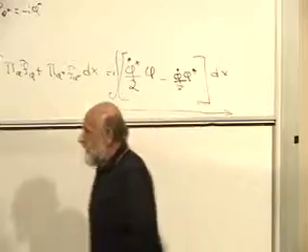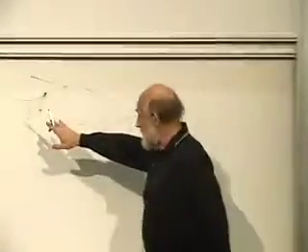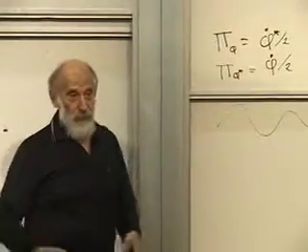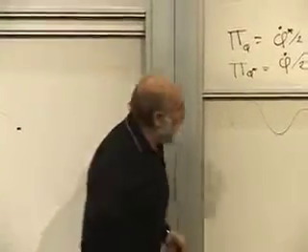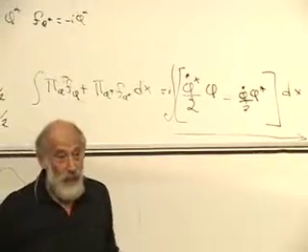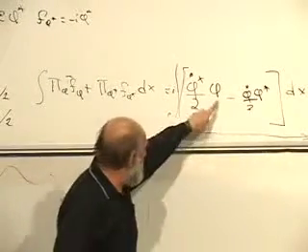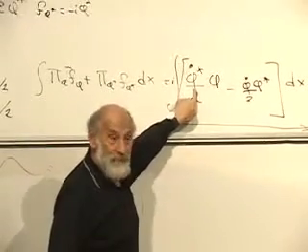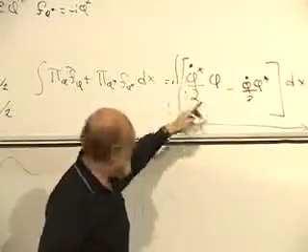Let me show you one more thing. If we were talking about the string, then the phi's themselves would become the coordinate position, x and y, of the string. What would the phi dots be? Velocities. This would be the cross product of the position and the velocity, which is called the angular momentum.